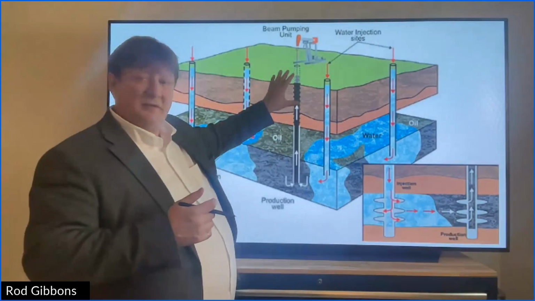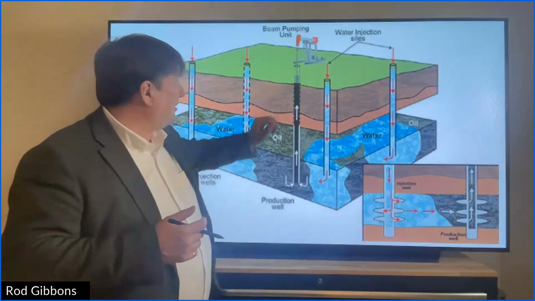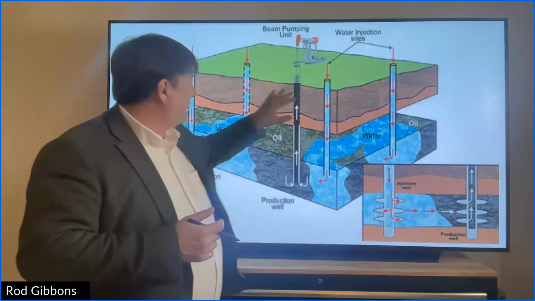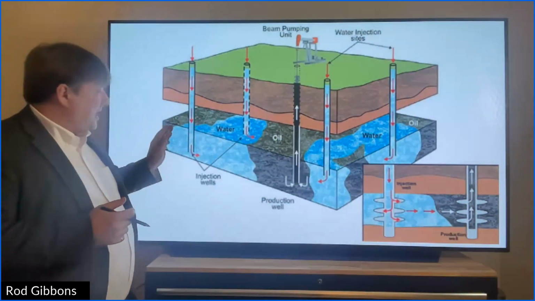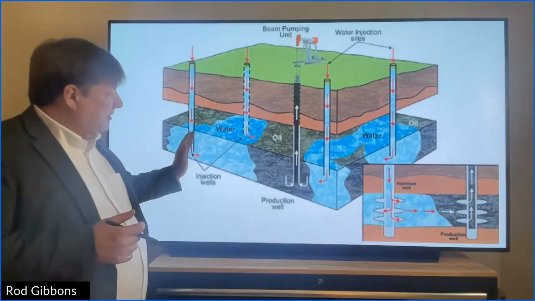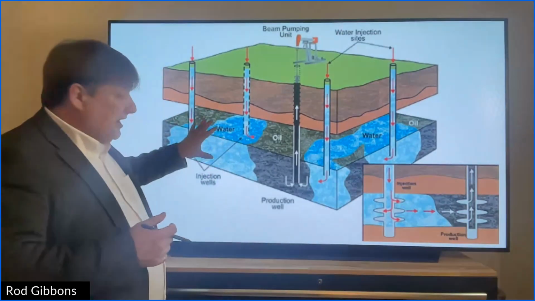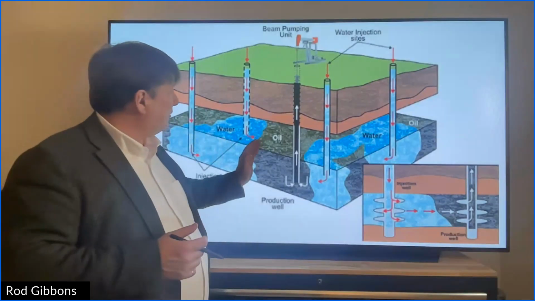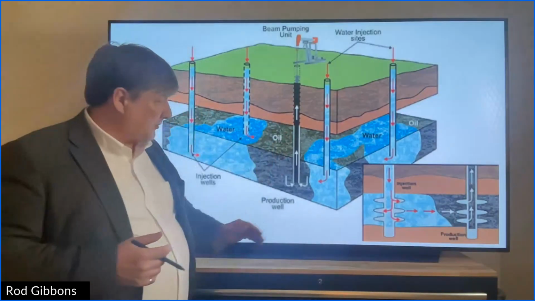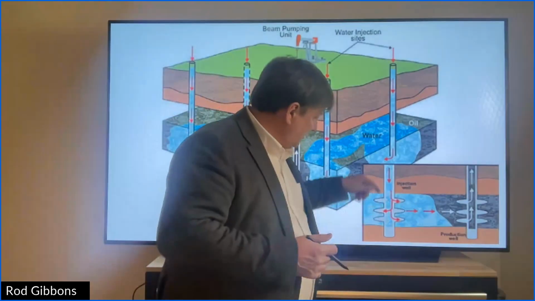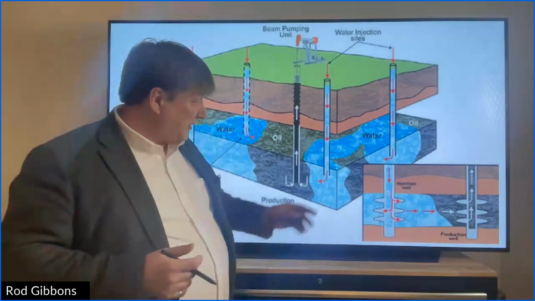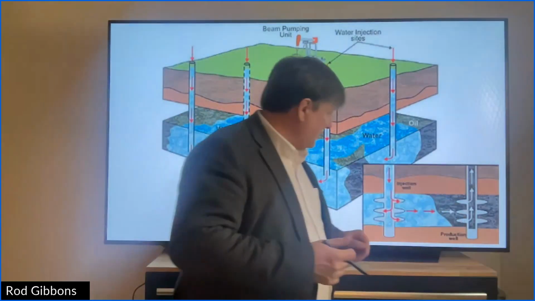There are a couple of different names for them. You have your producer well, and then water injectors placed around that producer, and you're putting water in, maintaining pressure support and also pushing the oil towards the production well. You can see in this cross section, water comes in and is being pushed over to the production well. Oil is being produced out here.